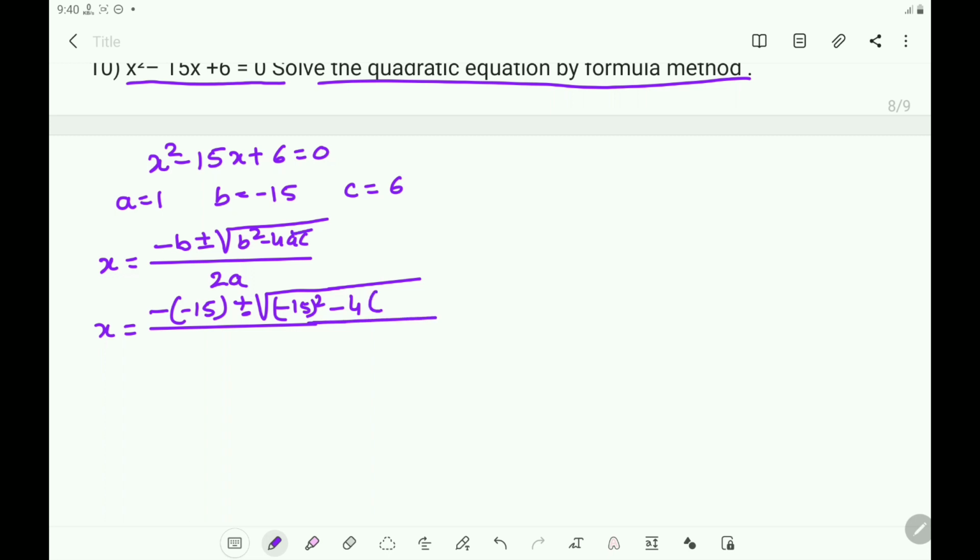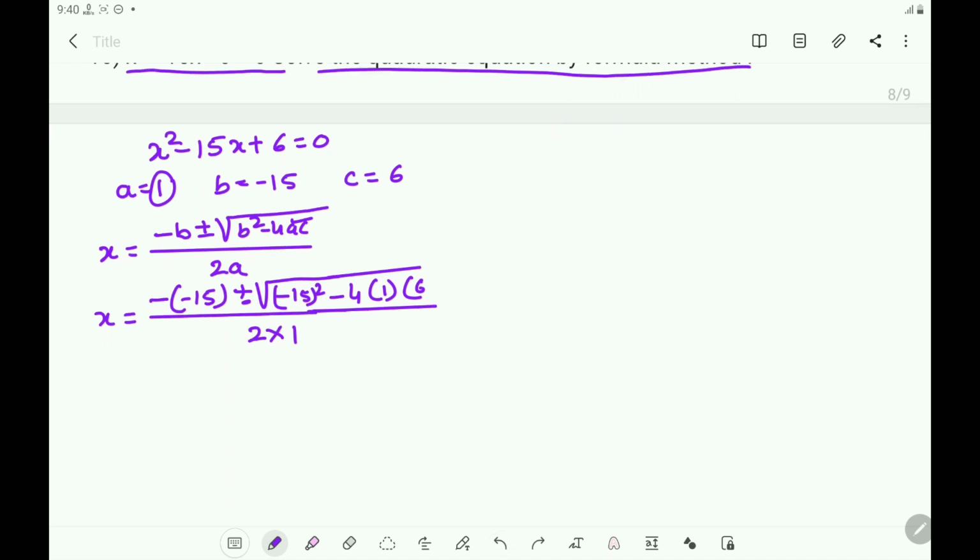What is the value of a? a is 1. 1 you write. Then c. What is the value of c? c is 6. Then 2 into a means 1. So b square minus 4ac you got in the root.